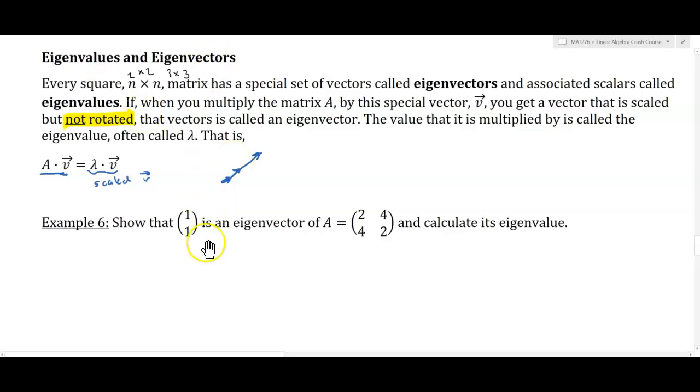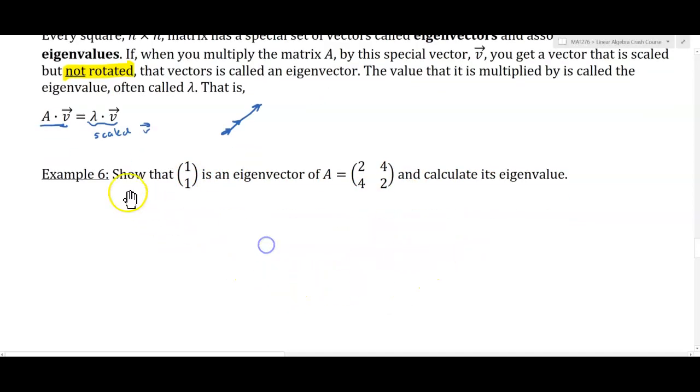So an eigenvector of the matrix [2, 4; 4, 2] is [1, 1], and we want to show that it's an eigenvector and calculate its eigenvalue. The question we have to ask ourselves is, if we take AV, do we get a scaled version of the original V? So A times V is the [2, 4; 4, 2] matrix times the [1, 1] vector.